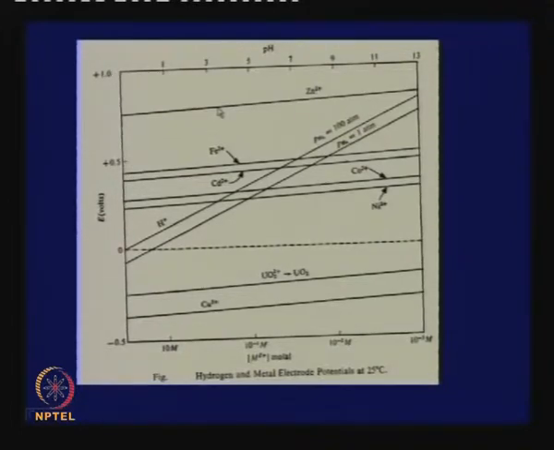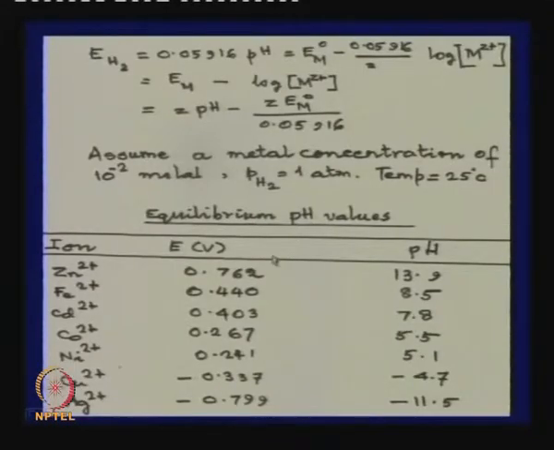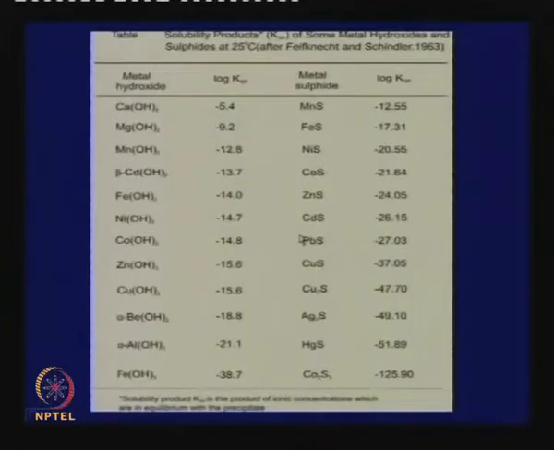Zinc metal cannot be produced, no matter what pressure of hydrogen you give or how alkaline it is, because it is far too high in the electrochemical series. So, this analysis we have done, we have shown the pH requirements for equilibrium pH values, and then we have shown that if you try to make something very alkaline, then there is also a danger of precipitating hydroxides.